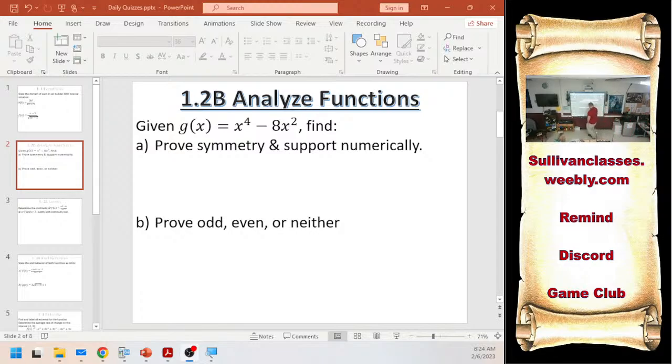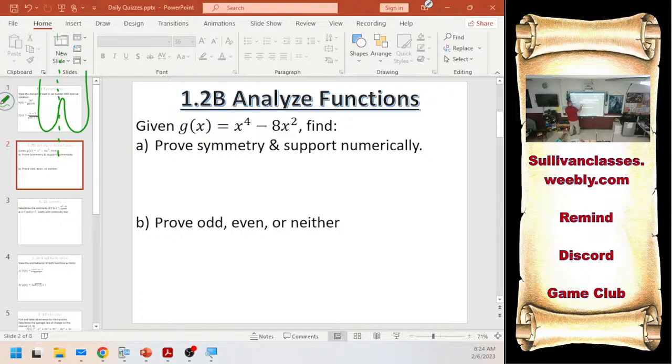Okay, y'all notice this is the same one that we did last time where we found x and y intercepts and domain and range, all that kind of stuff. So it looks like a big W. And if I'm going to prove symmetry, and I think it's symmetric to the y-axis, then that's the only one that I need to prove.